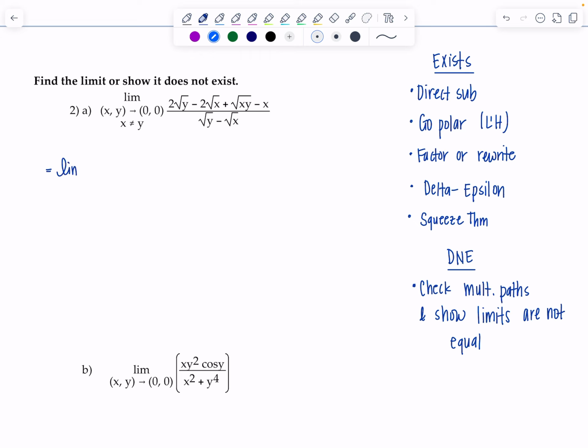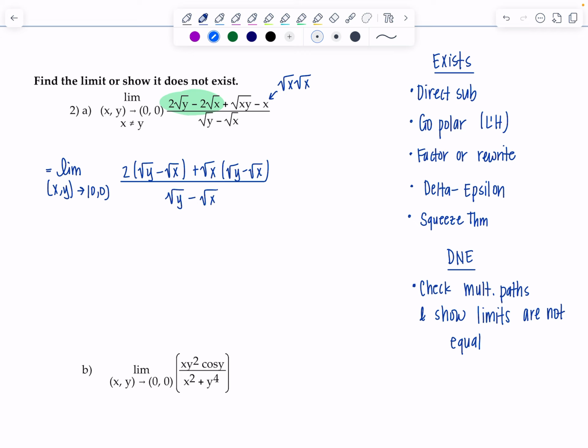So this is the limit as x, y goes to 0, 0. I'm going to take out the common factor for these 2 terms, which is just a 2. Do you see that? Oh, good. Root y minus root x plus, think of this x, it's root x times root x. So I'm going to take a root x out from the next 2 terms, and then I have root y minus root x.